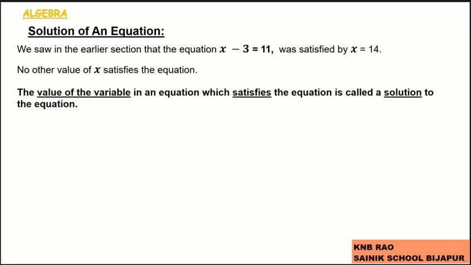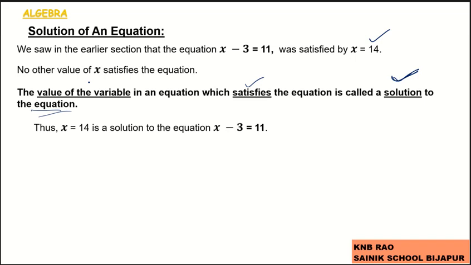The value of the variable, that is x equals 14, which satisfies the equation is called the solution of that equation. For example, x equals 14 is the solution of the equation x minus 3 equals 11.